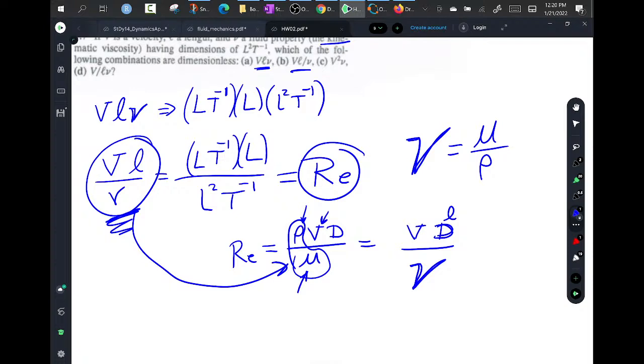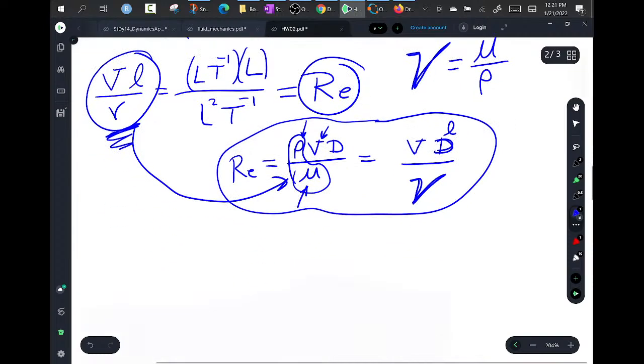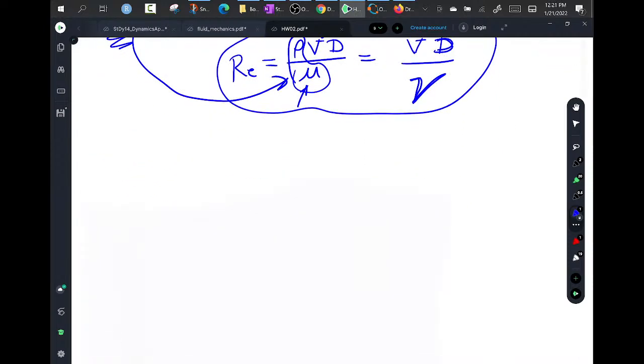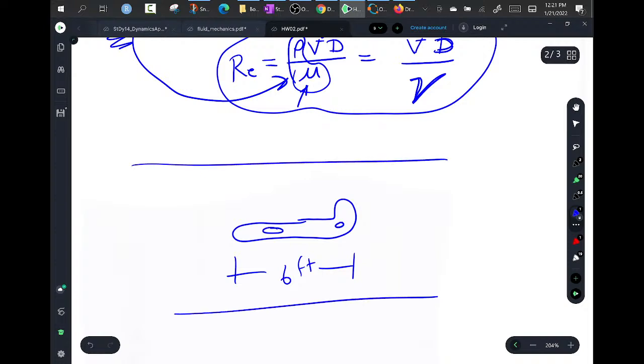The key is it is non-dimensional, and it turns out through physics, this means I can take a small, 6-foot section of a Boeing 747 and put it in the wind tunnel and blow air over it or suck air over it at a certain velocity, say 100 feet per second.